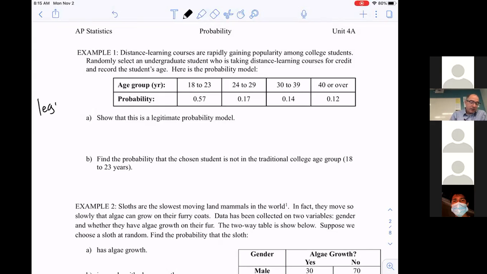It is legitimate if, number one, my probabilities are between 0 and 1. Okay.